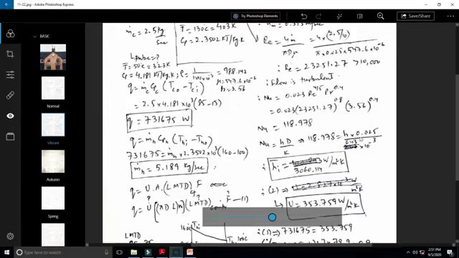Diameter of the tube is 25 millimeters, and K is the thermal conductivity, which we can get from the property table, and this will be 643 exponent minus 3, meaning 0.643.